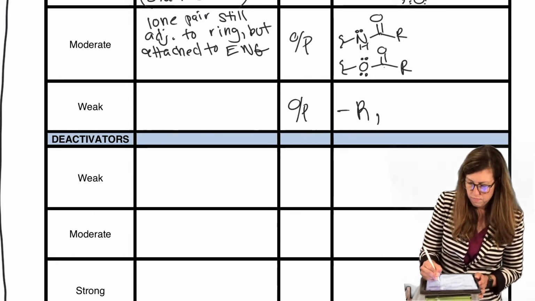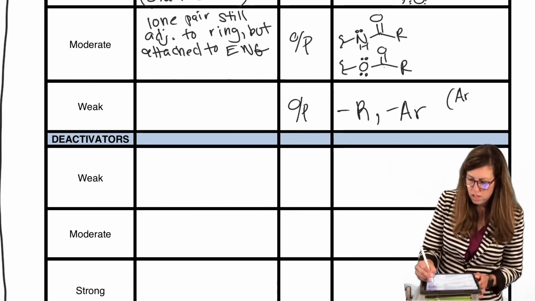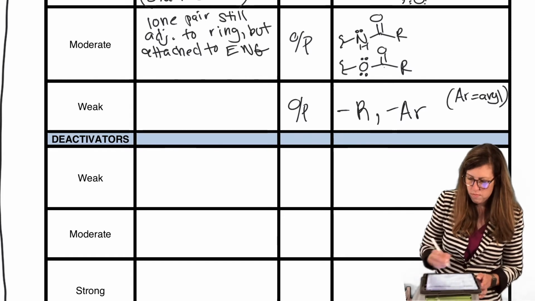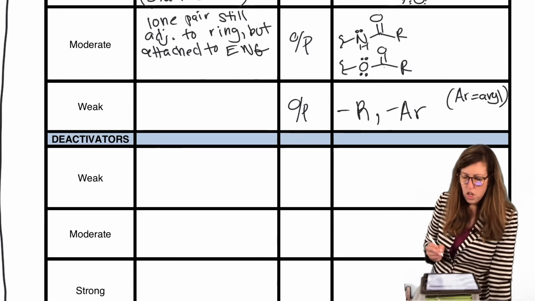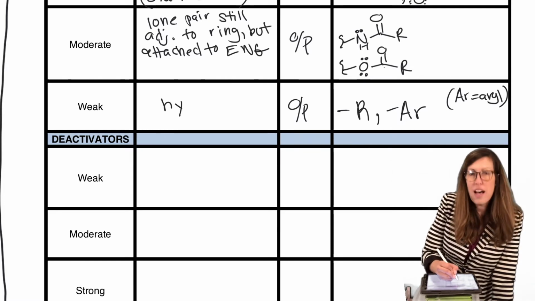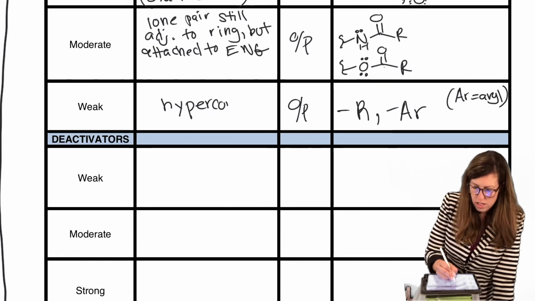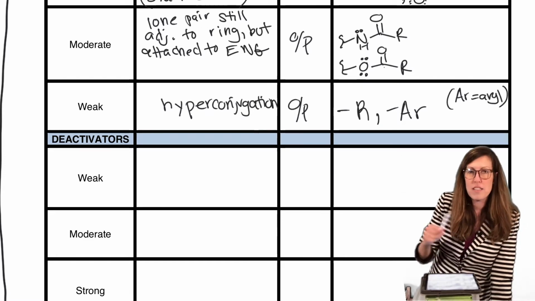Our first example is alkyl groups. R groups, they could be alkyl or aryl. Remember AR is short for aryl. So those are weakly activating. That's because they don't have a significant effect as resonance. Hyperconjugation helps that carbocation, because remember we're asking the same question.